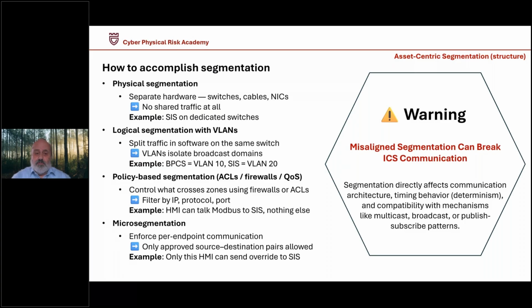So how to accomplish segmentation? Well, we have these different methods. We have the differences they do. The one, no shared traffic. The other one, isolate broadcast domains. And the moment we have a VLAN, we split the broadcast domain. The other ones filter maybe by IP address or by protocol, TCP address.